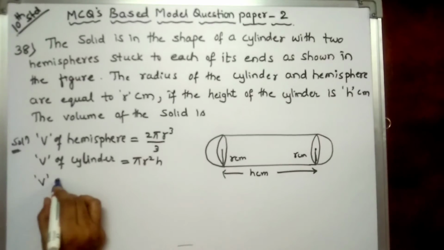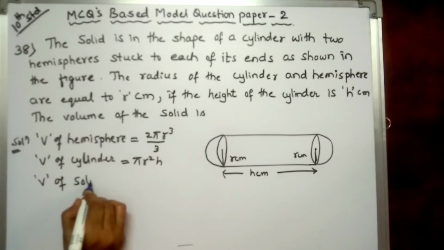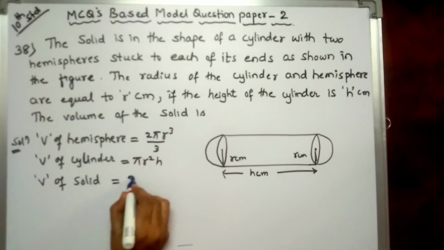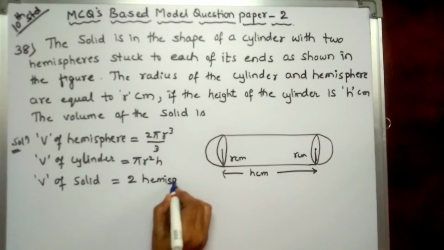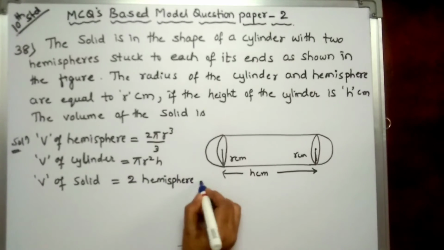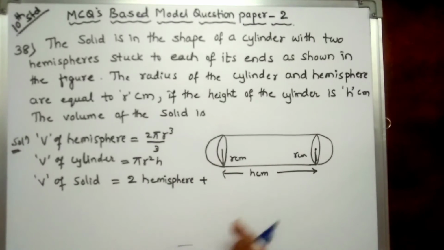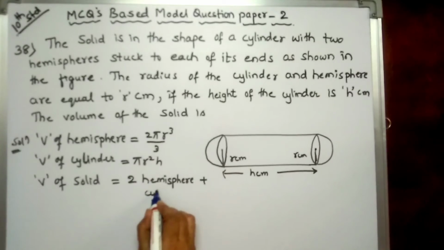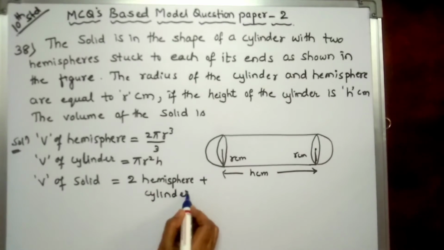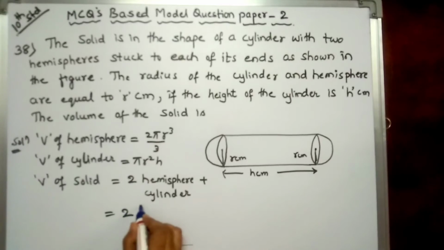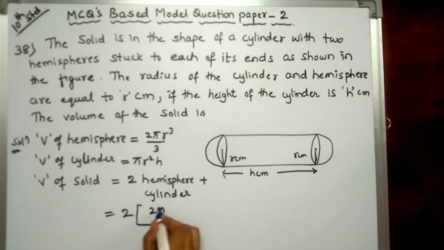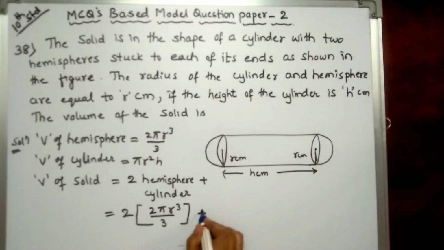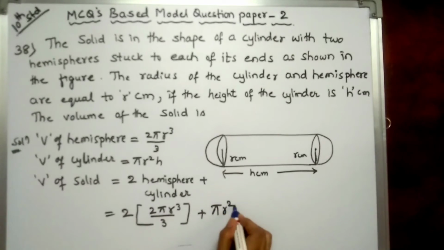So volume of solid is 2 hemispheres plus cylinder. So first you write down volume of hemisphere is 2 pi r cube by 3 plus volume of cylinder is pi r square h.